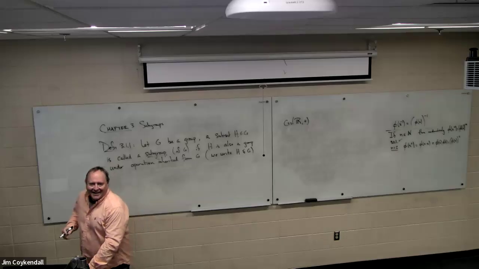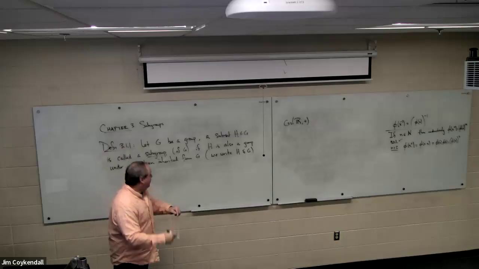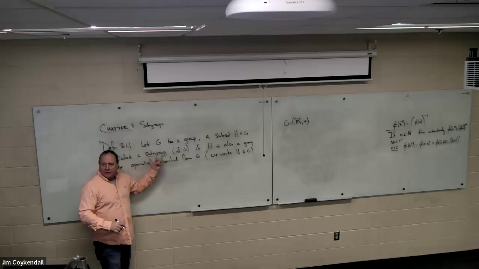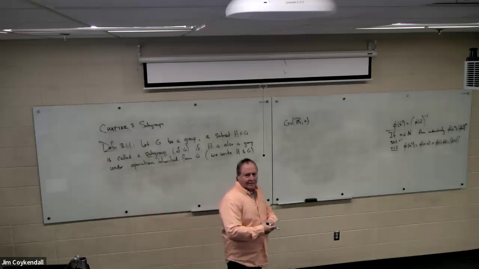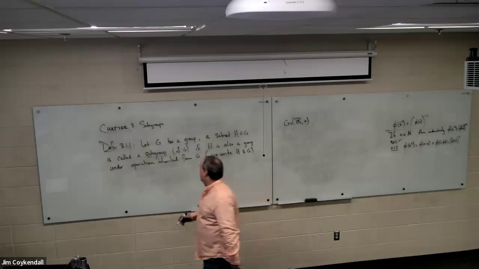What's that? Zero. Smart aleck answer. I love that. In fact, you're going to make me go back and write something here. Any group has two sort of silly subgroups. Anybody name them? The whole group. The whole group and the identity, right?